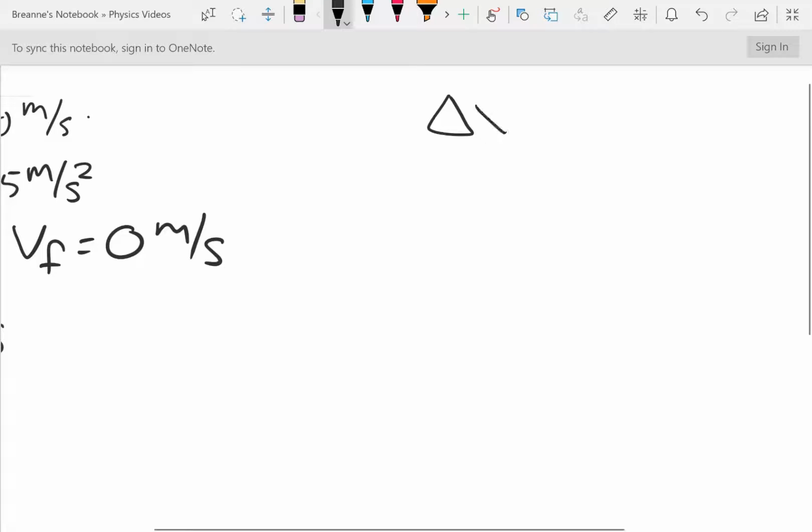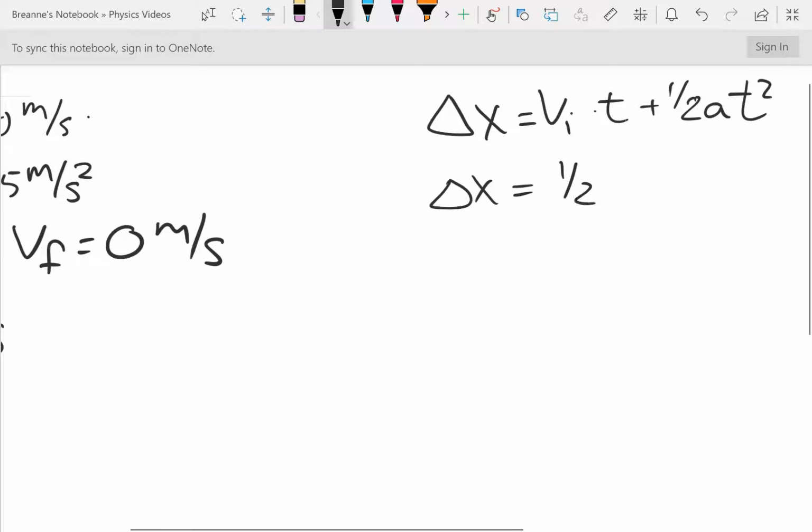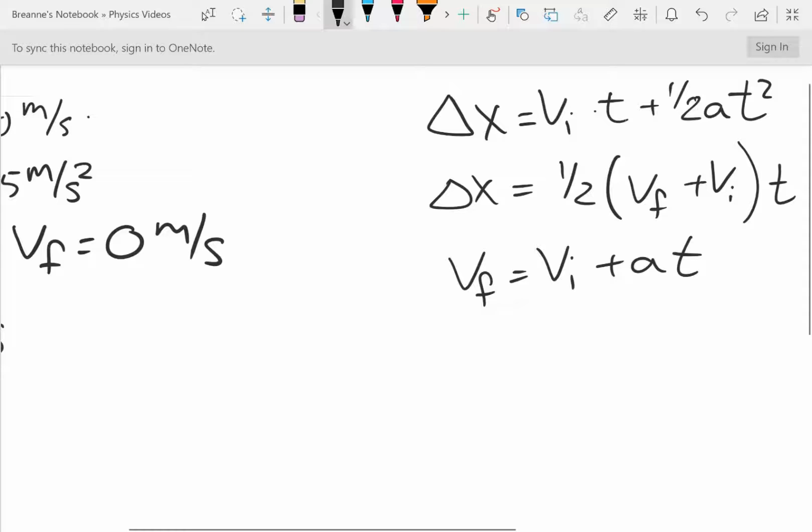All 4 equations that you could be using are: delta x equals vi times t plus 1/2 a t squared; delta x equals 1/2 times vf plus vi times time; vf equals vi plus at; or vf squared equals vi squared plus 2a delta x.